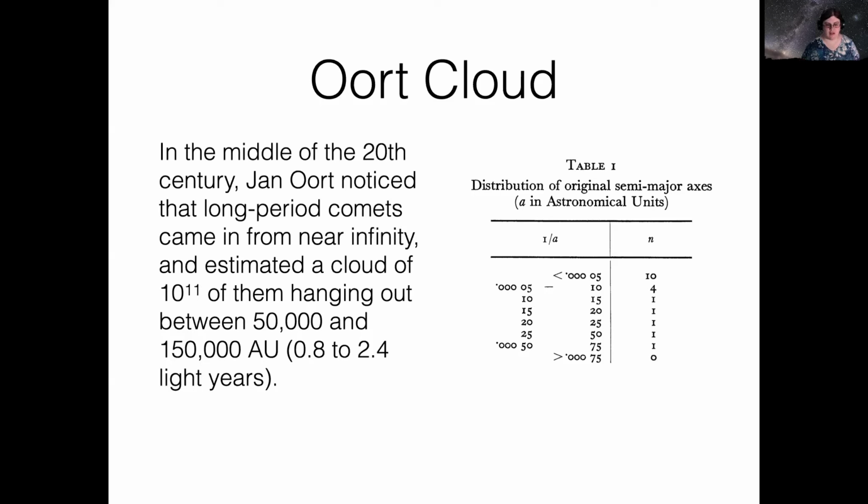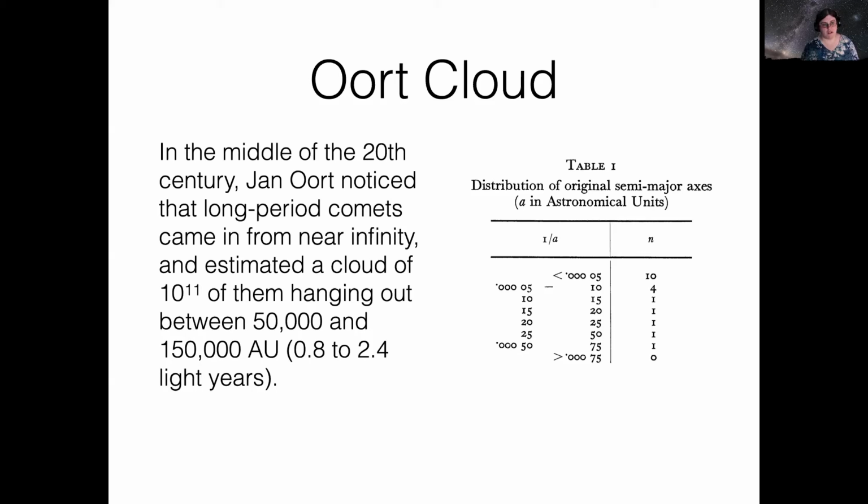They can only make so many passes close to the sun before they either totally vaporize, run out of gas near the surface so they become essentially an asteroid, or break apart, all kinds of stuff. So based on the rate of comet discovery, he estimated how many comets there had to be and how many comets there had to have been over the history of the solar system.